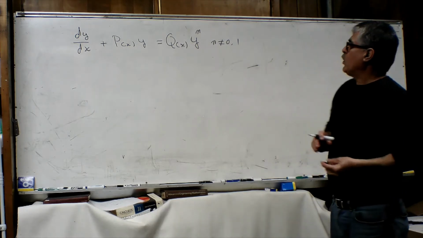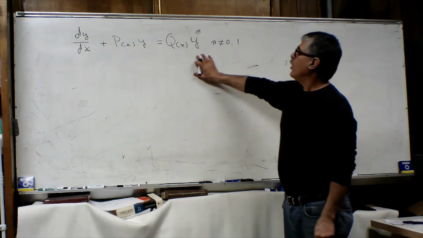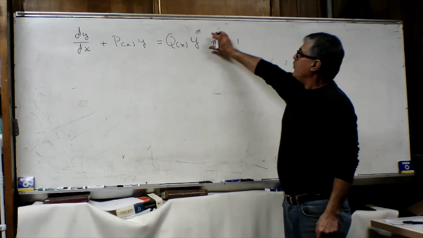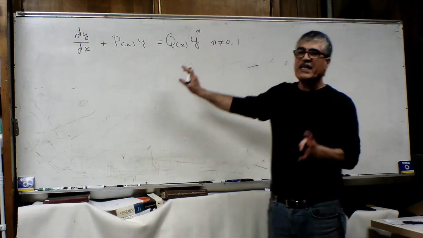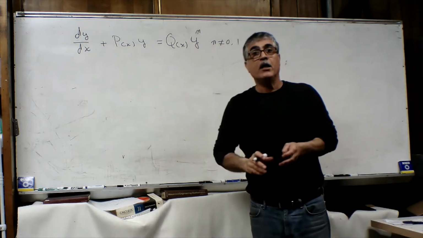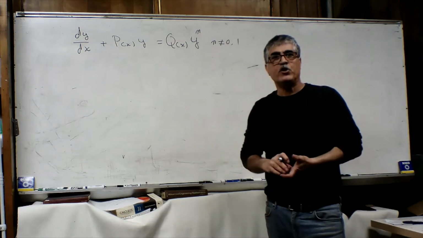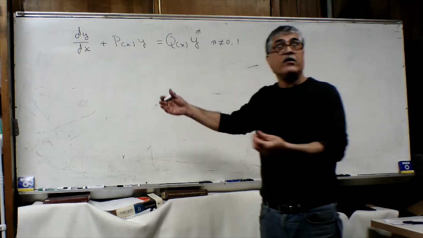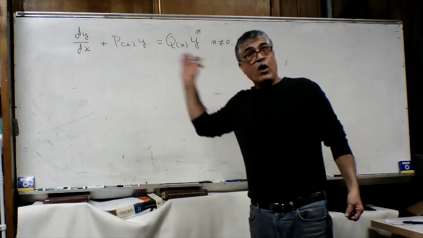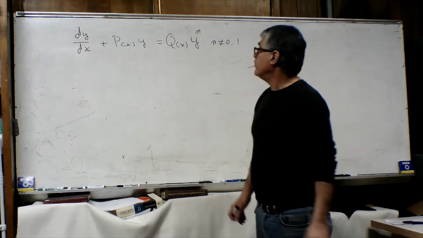In order for us to solve an equation like this, we got to get rid of this portion and transfer this equation into a first degree linear differential equation, then find the integrating factor, multiply by both sides of the equation, and solve that problem.